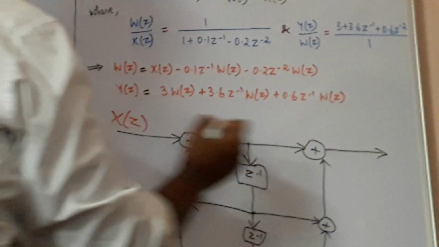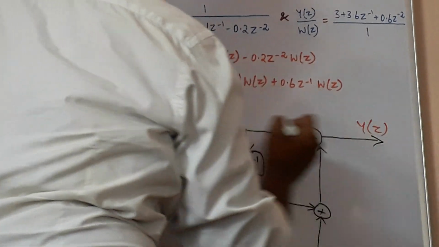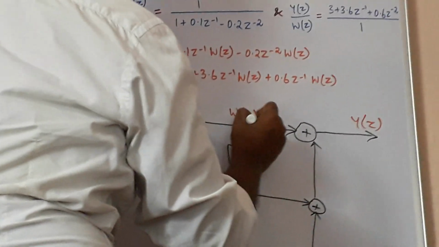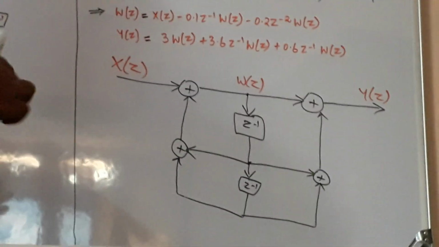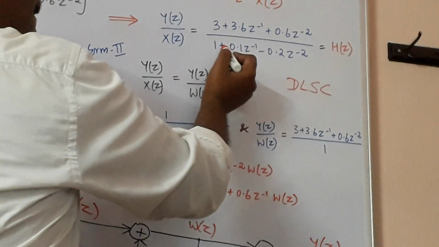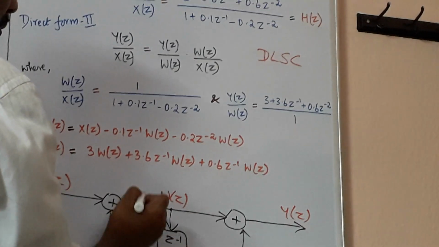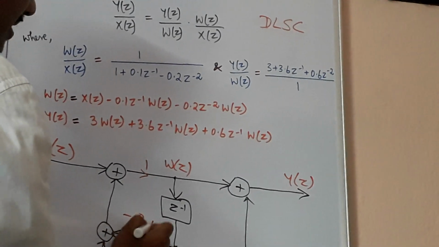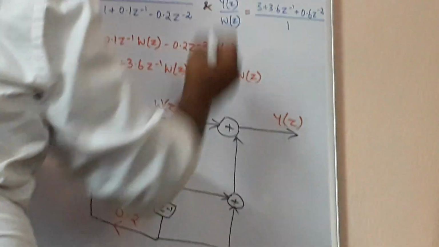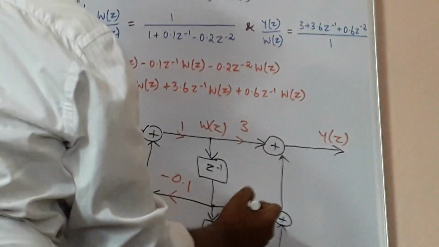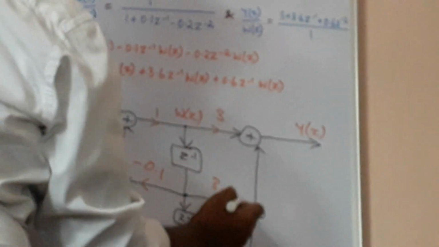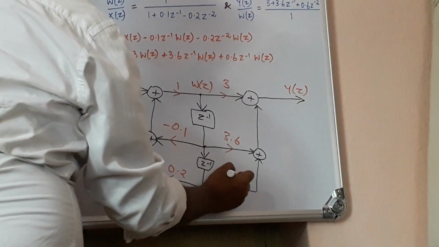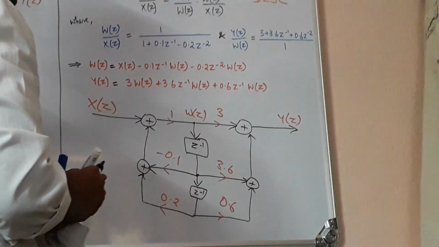Input is x of z, output is y of z, this point is w of z. Denominator left side sign change. So plus minus will become, constant is 1 as it is, plus minus will become minus and plus, and numerator obviously this side, 3.6 and 0.6. So this is direct form 2 for the given problem.